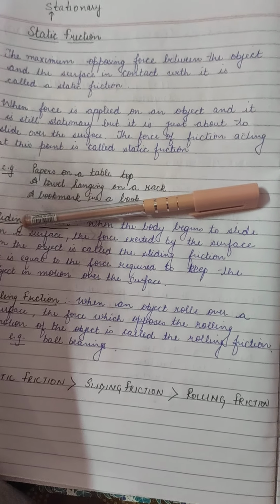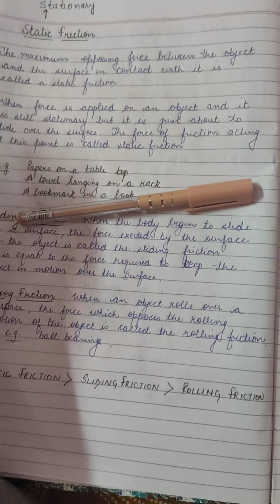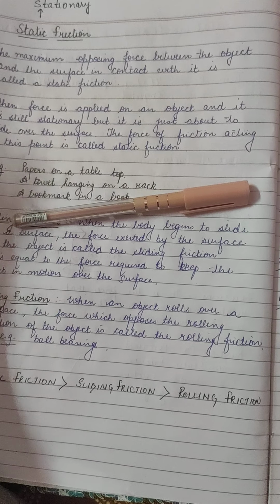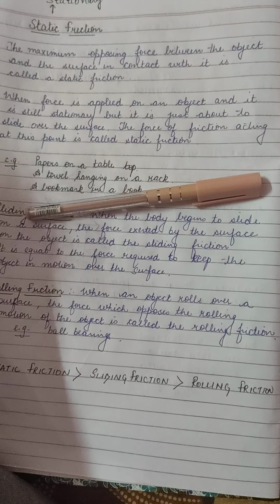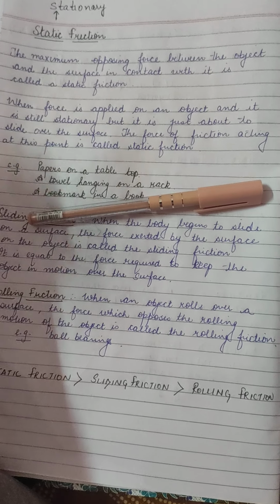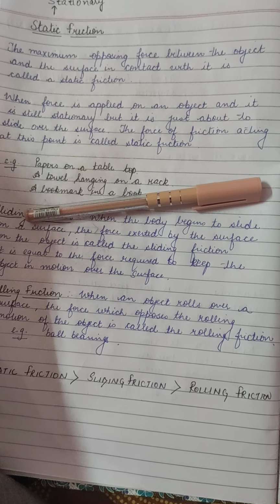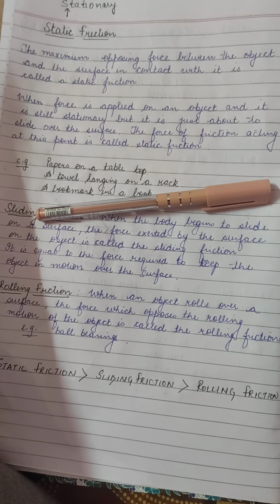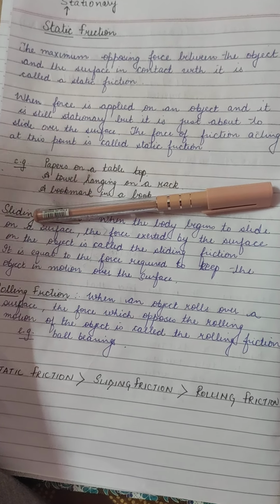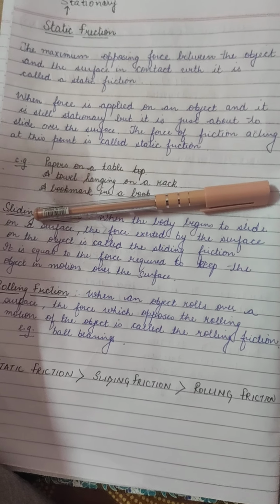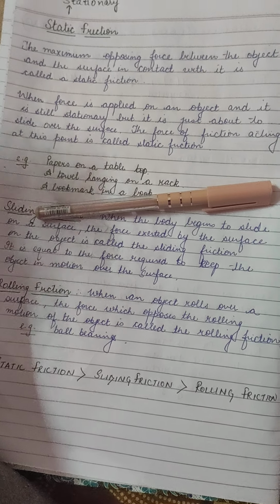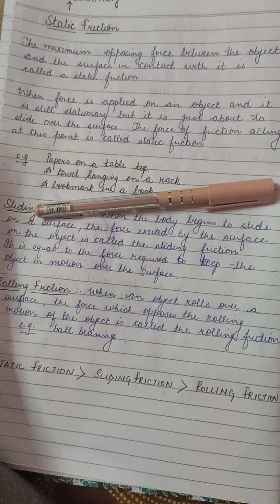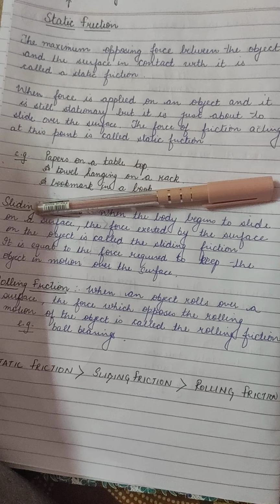Then the time comes when you apply lots of force and that force overcomes the force of friction. First, the body is not moving because the force of friction is more than the force applied by you. Then the time comes when the body is about to move, where the force of friction and the force you are applying on the body give a net resultant force of 0.